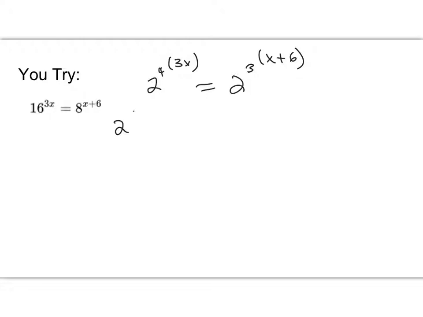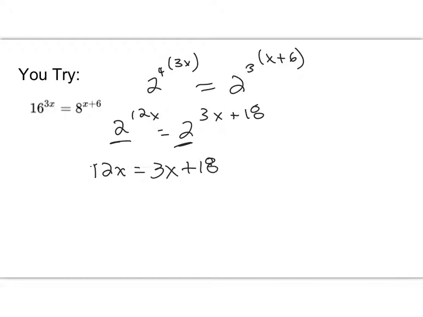So we get 2 to the 12x is equal to 2 to the 3x plus 18. Same base here, those can go ahead and cancel out. That has to be that 12x equals 3x plus 18. When I go ahead and solve for that, I get 9x equals 18, which means that x is equal to 2.